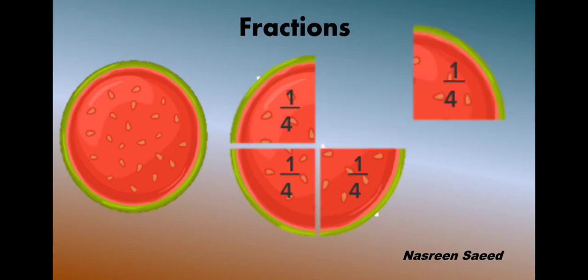So grandfather gave Raju, Rani and Pinky 1/4 each and kept the last quarter for himself. He gave his 3 grandchildren quarter plus quarter plus quarter, that is 3/4 of the watermelon.